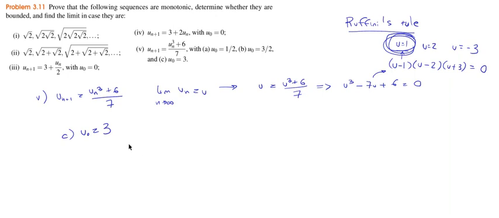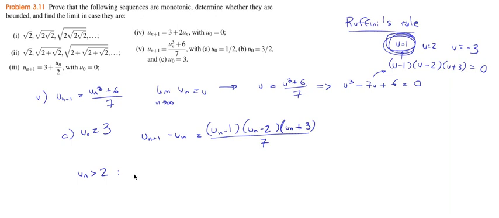It's going to grow somehow. So this is u sub n plus 1 minus u sub n, which is u sub n minus 1, u sub n minus 2, u sub n plus 3 over 7.